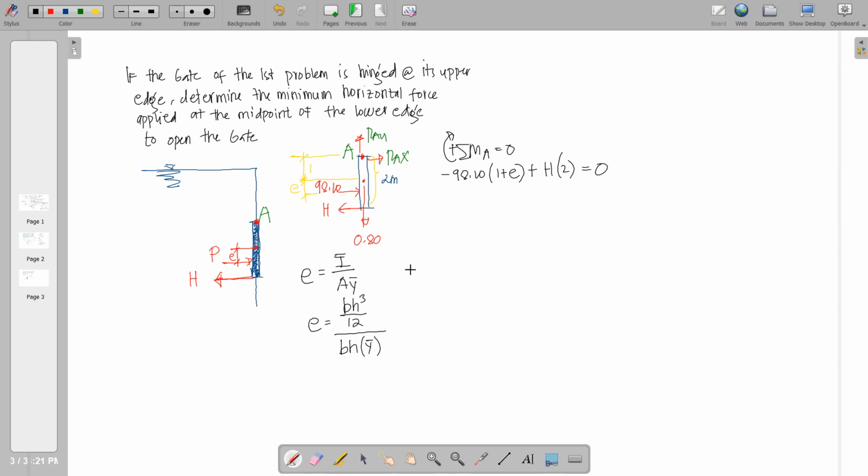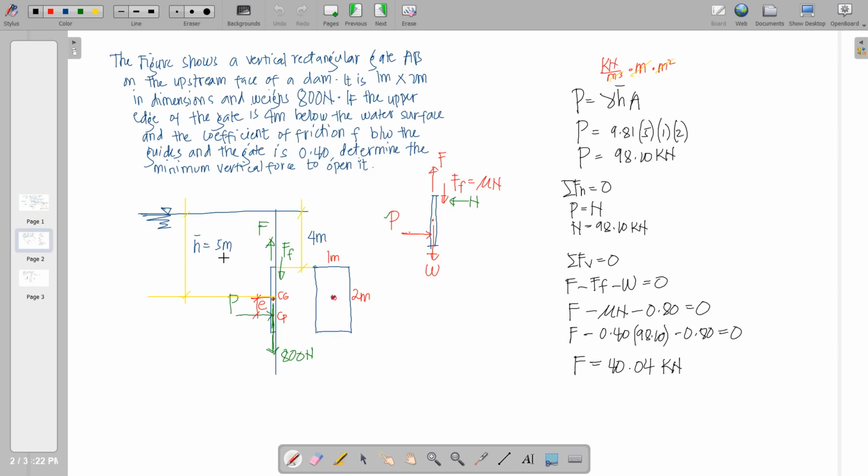Substituting the values, e is equal to, the base is 1, height is 2, that is cubed, divided by 12, all over 1 times 2 times Y bar, and Y bar happens to be equal to H bar also. The H bar calculated a while ago is equal to 5 meters, measuring the center of gravity vertically up to the liquid surface.